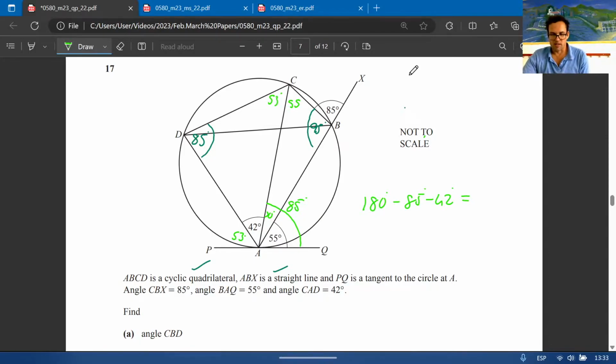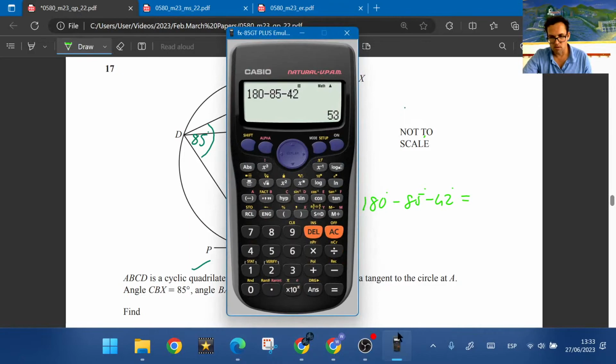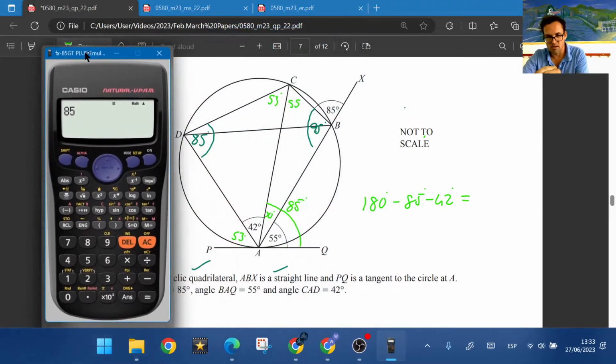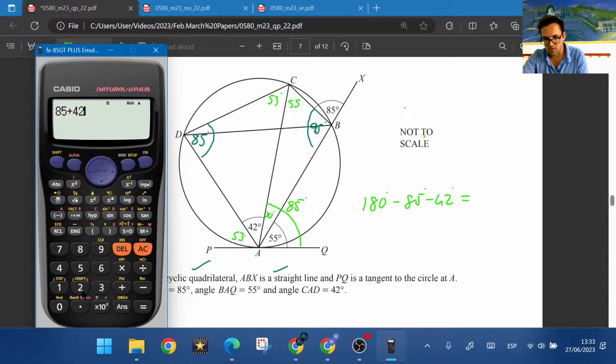Then it just tells us the size of the angles. We've already used them. Does that 53 make sense? Because we do 85 plus 42 plus 53 gives us 180. Good stuff. And the other triangle there, 30 plus 95 plus 55, to be honest, it's 180.